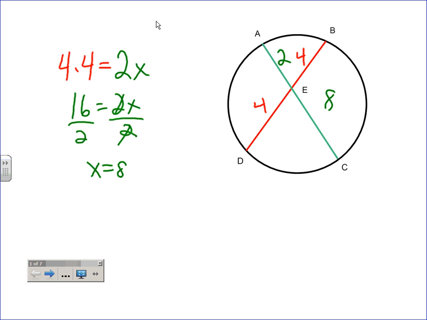Yes? What if they don't show you 2 or even the whole thing? Okay, very good question. For example, the question was, what if they give you 4 and 4, and then for some reason they say this thing's 10? Great question. What I would do then is make one of the two pieces x.